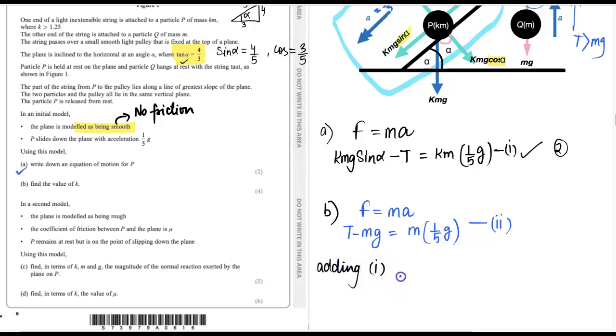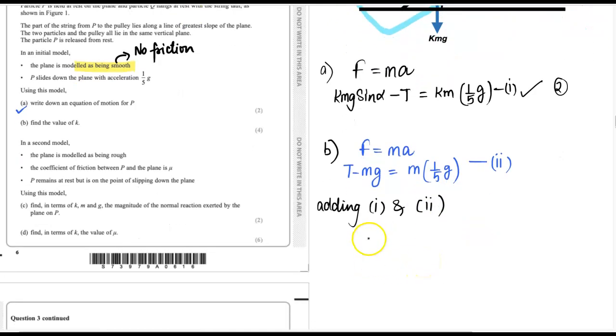equation 1 and equation 2. If we add them both, it would be looking like kmg sine alpha minus T equals, can I say, 1/5 of kmg. Down there we'll be having T minus mg is equal to 1/5 of mg.